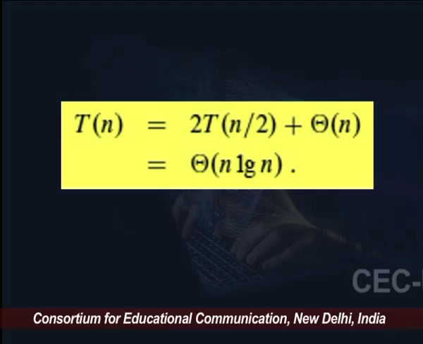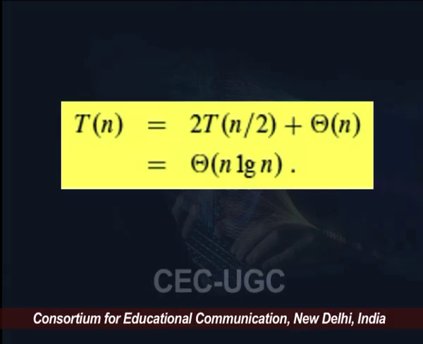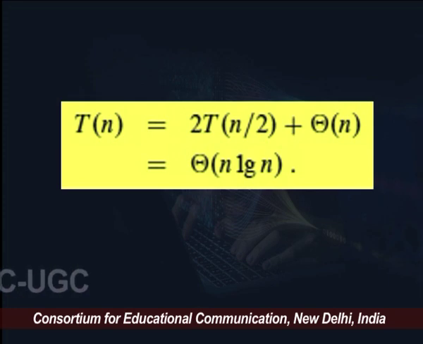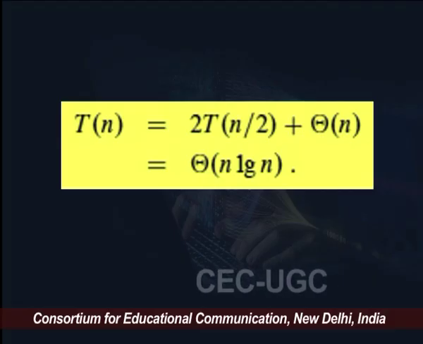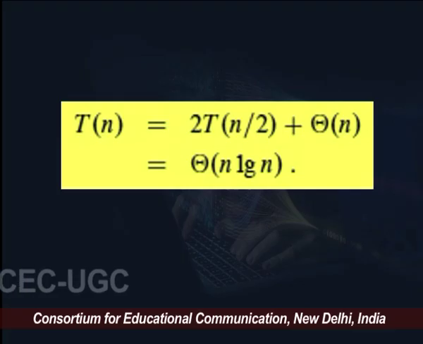the partition step. And if you solve this recurrence relation, some of the solutions to these very common recurrence relations must be on your fingertips. So, this ends in theta n log n. And theta n log n, please recall, is the complexity of merge sort for every case, whether it is the best case, the worst case, or the average case of merge sort.